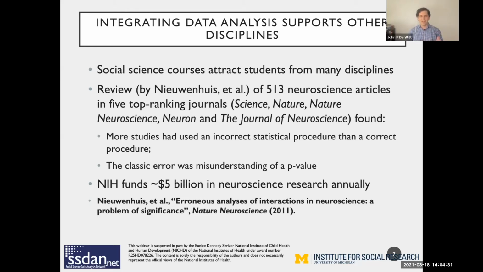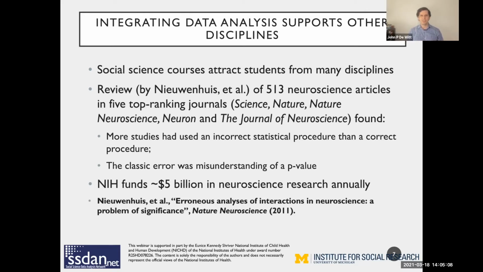I always like linking to this paper. It was published in 2001 in Nature Neuroscience, and it looked at the use of statistics in neuroscience research. There was a review of 513 neuroscience articles in the 5 top neuroscience journals, including Science and Nature. It was actually found that the t-test was misused more frequently than it was used, which, for those of you who know about a t-test, is one of the simplest statistical tests out there.